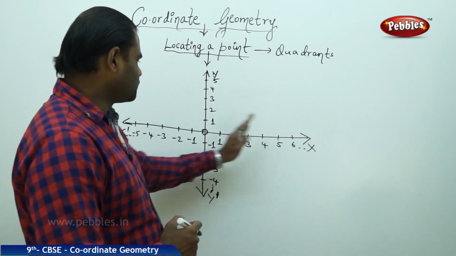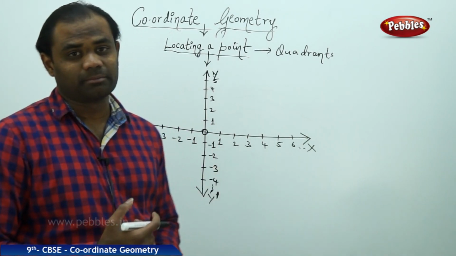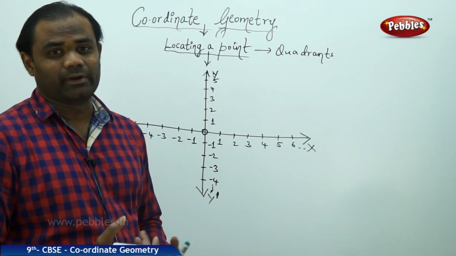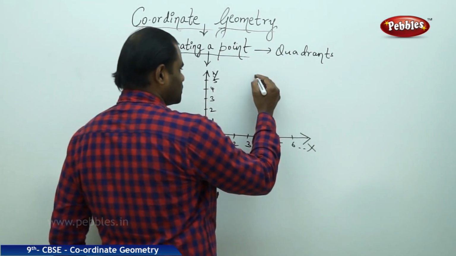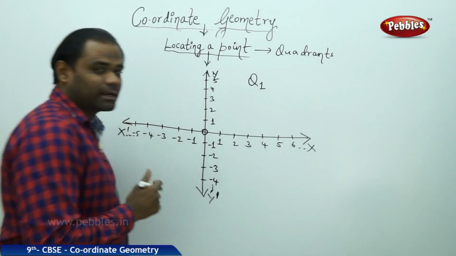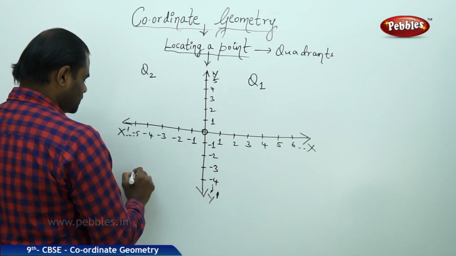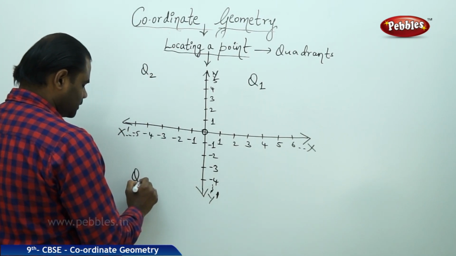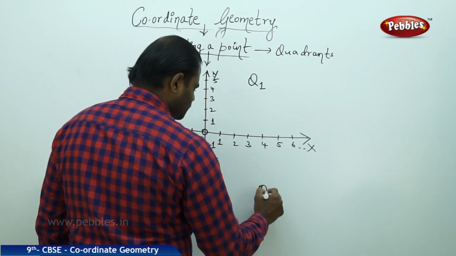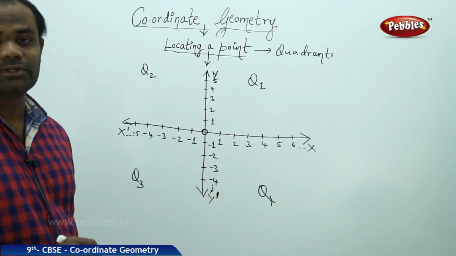So I have each of the x values on the x and y axis as we have already discussed in the previous session. Now let's see how we can locate a point in the respective quadrants. As we have discussed, the first quadrant denoted by Q1 lies in this region, the second quadrant denoted by Q2 lies in this region, the third quadrant denoted by Q3 lies in this region, and the fourth quadrant denoted by Q4 lies in this region.